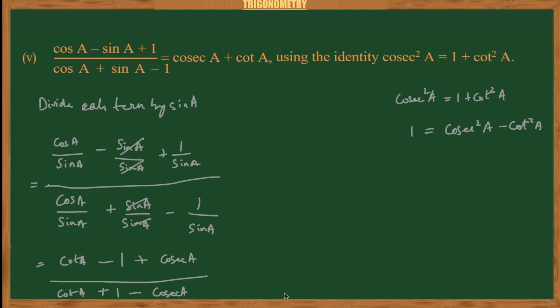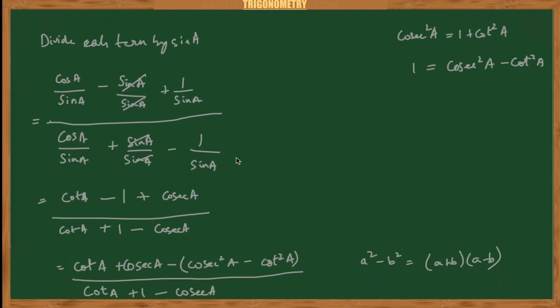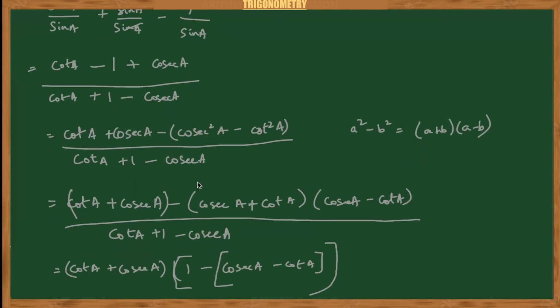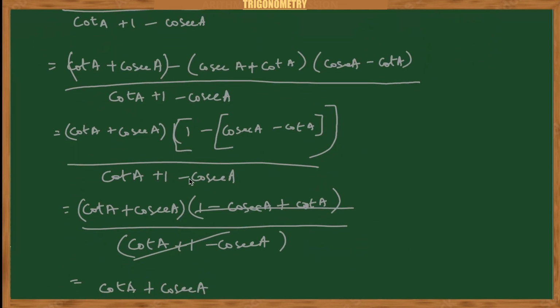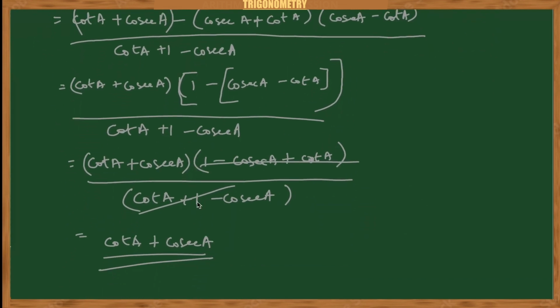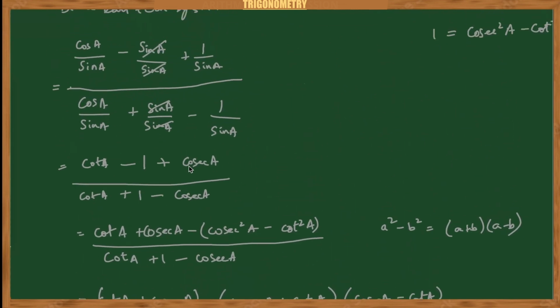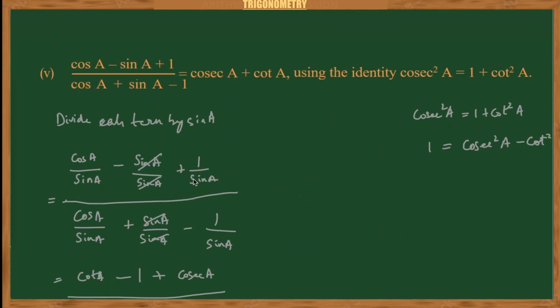One point we came across here: by simplifying and substituting the identities, and by resolving the identities, we got the value cot A plus cosecant A. So remember, in trigonometry, you need to first find how you can replace the formulas. You can identify which formula out of the three can be put in to resolve it. If not, divide by sine and cos so that we can get further simplification.